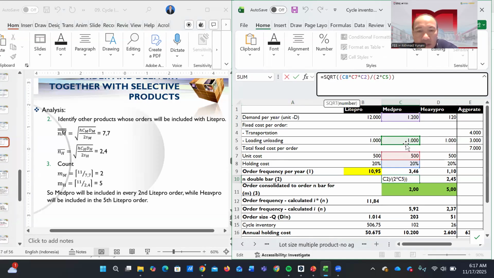Little s here represent the loading cost. So the result is 7.7.